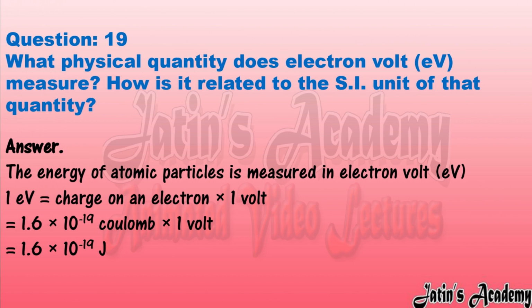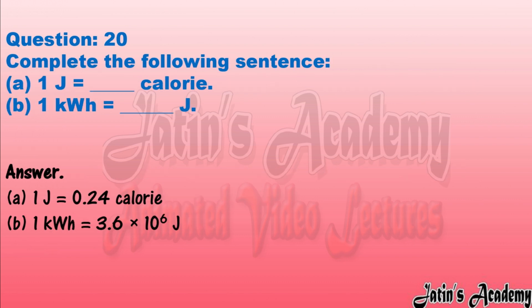Answer. The energy of atomic particles is measured in electron volt. 1 electron volt is equal to charge on an electron times 1 volt, which is equal to 1.6 times 10^-19 coulomb times 1 volt, which is equal to 1.6 times 10^-19 joule.